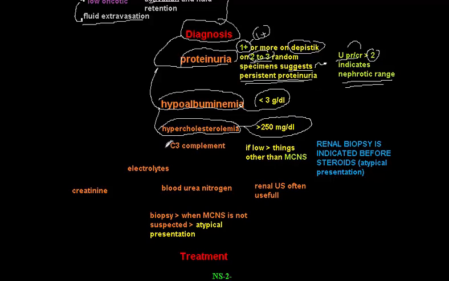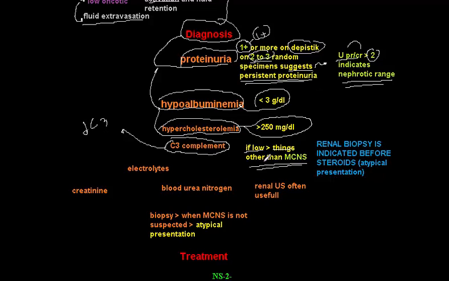We have hypocomplementemia in some cases, okay, if we have a decrease in complement system, so it is mostly things other than minimal change nephrotic syndrome. It may be focal segmental, maybe membranous, membranoproliferative, okay.